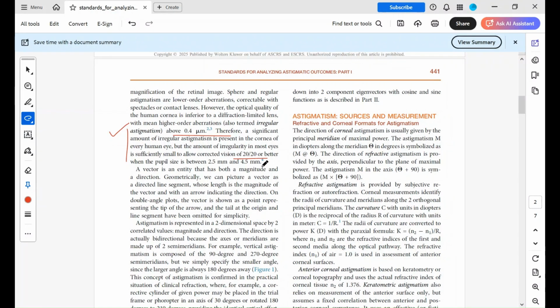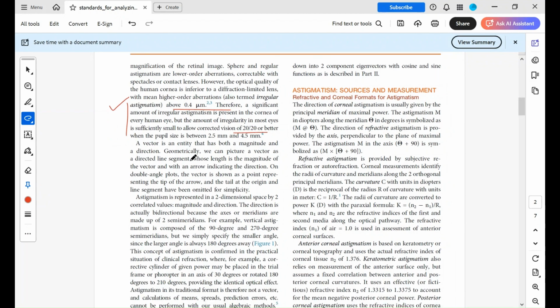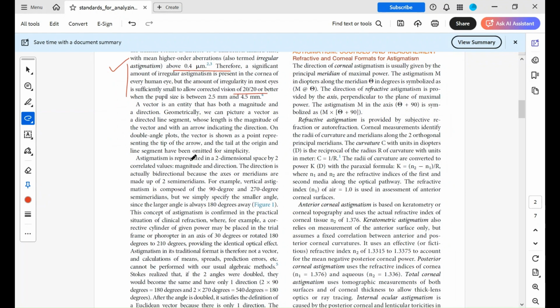That is why toric IOLs are implanted in a patient so as to correct the regular astigmatism. However, if in a patient the astigmatism is because of irregularity, then toric IOLs will not help, because toric IOLs only help in regular astigmatism.